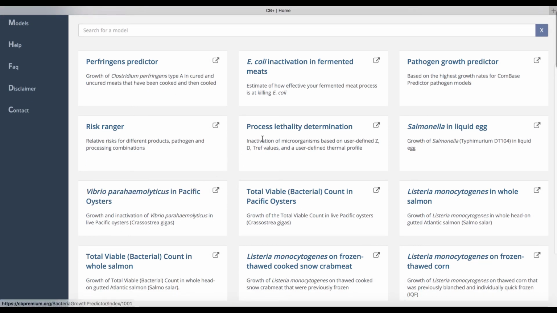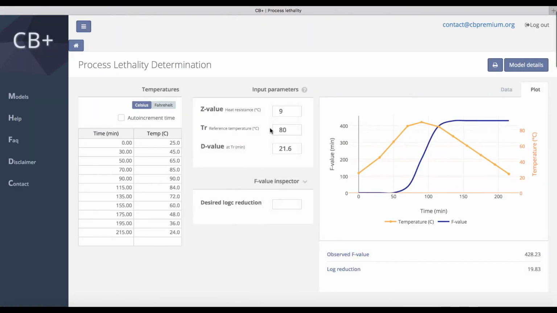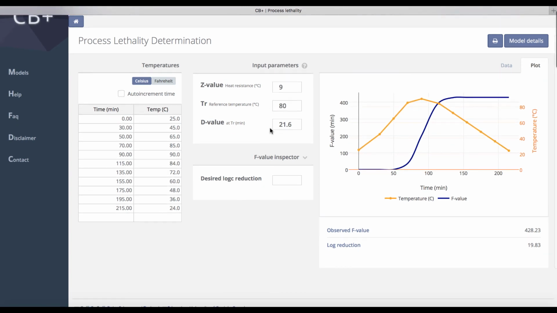Finally, there is the process lethality model. In this interface, you enter a time temperature profile and then Z, T reference, and D values. Shown below the graph is the estimated F value and associated log reduction. If the log reduction is different than desired, you can enter a target log reduction in the handy F value inspector.